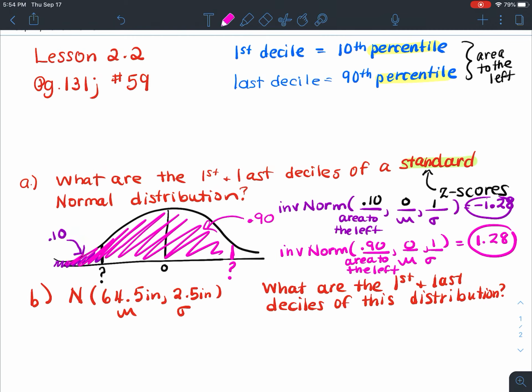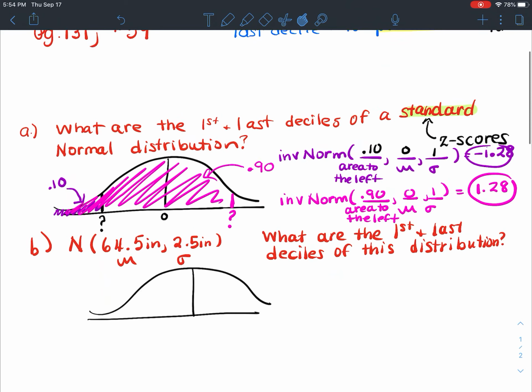Now in part B, it's a very similar problem, only now it's not asking you for what the z-scores would be at each of these places, but now it's asking you to think of a distribution. I think this is talking about the heights of women maybe, and they're giving you that the average height down the middle would be 64.5.